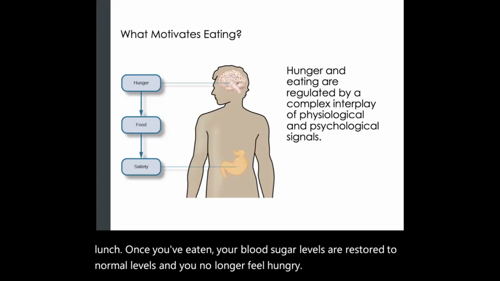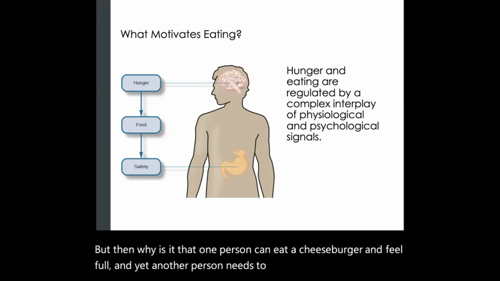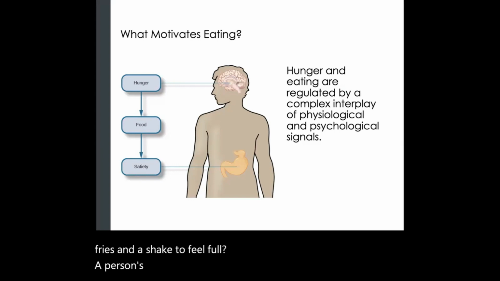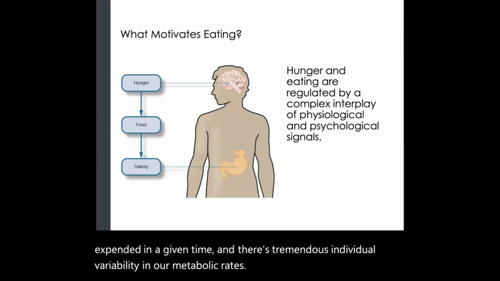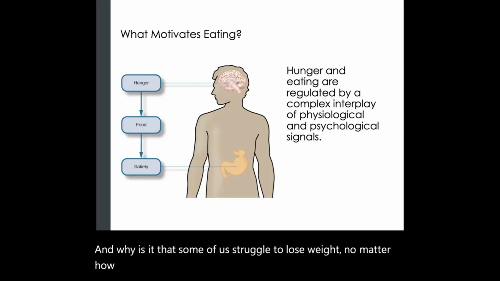But then, why is it that one person can eat a cheeseburger and feel full, and yet another person needs to order a double-double with fries and a shake to feel full? A person's metabolic rate is the amount of energy that is expended in a given time, and there's tremendous individual variability in our metabolic rates. And why is it that some of us struggle to lose weight no matter how much we exercise or adjust our caloric intake, while others seem to merely think the word diet and they lose weight?